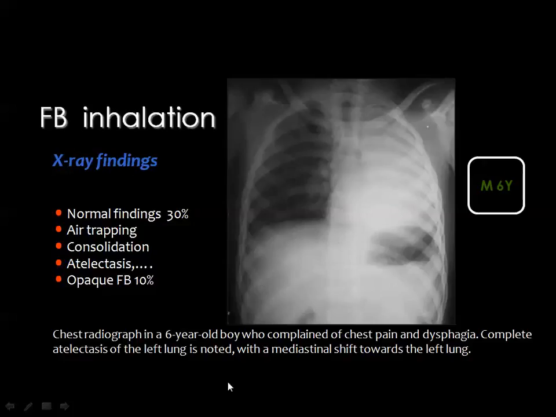And this is one of the common findings, and it is diagnostic if you have the clinical support of suspected inhaled foreign body. Also, the presence of consolidation and atelectasis are one of the manifestations for foreign body inhalation, and sometimes you can detect the foreign body itself because of its radio opacity.